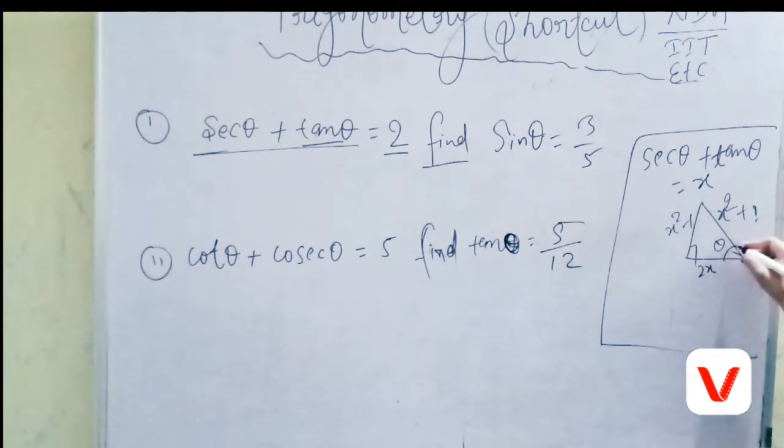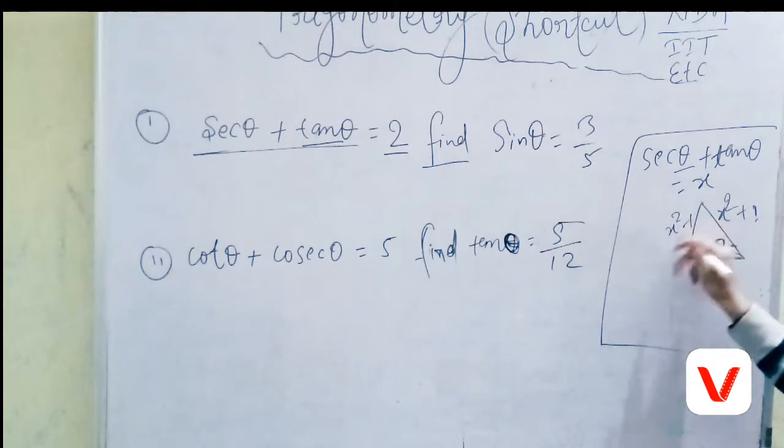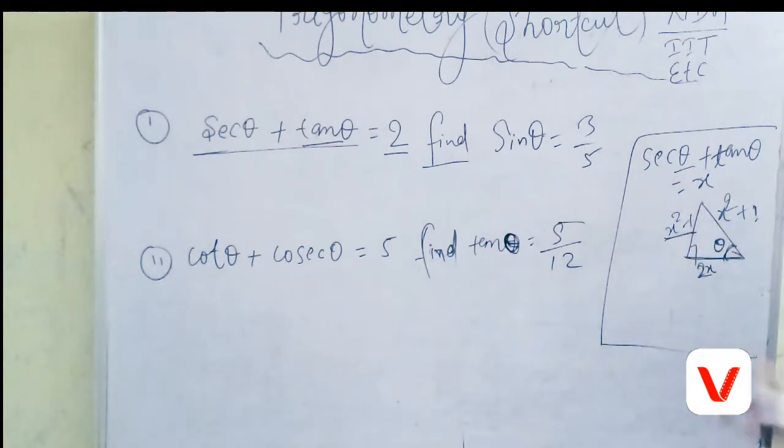Theta represents this angle, and then we can write the base 2x, use the perpendicular x square minus 1, and find the hypotenuse from x square plus 1.